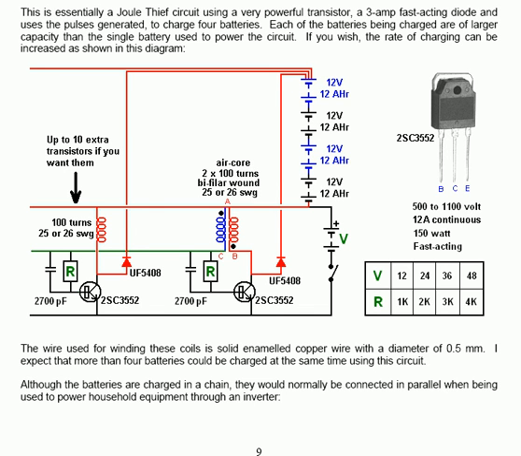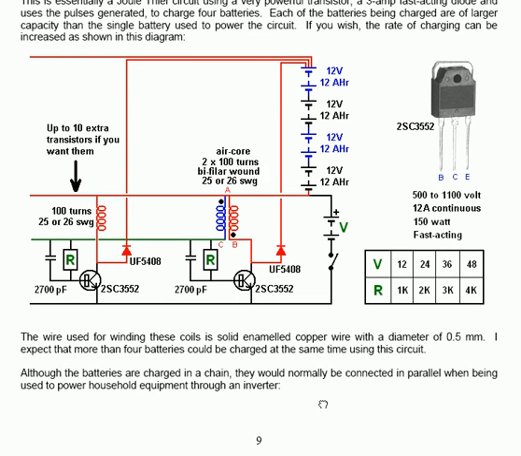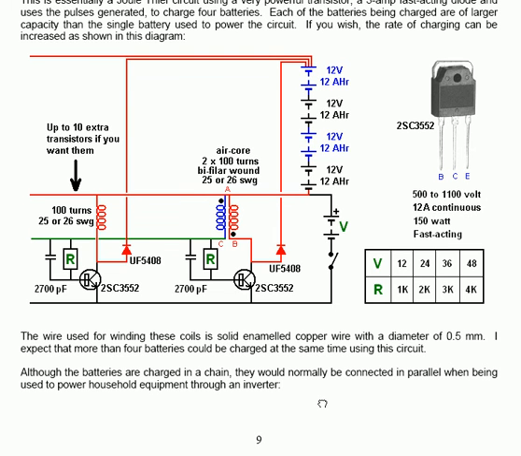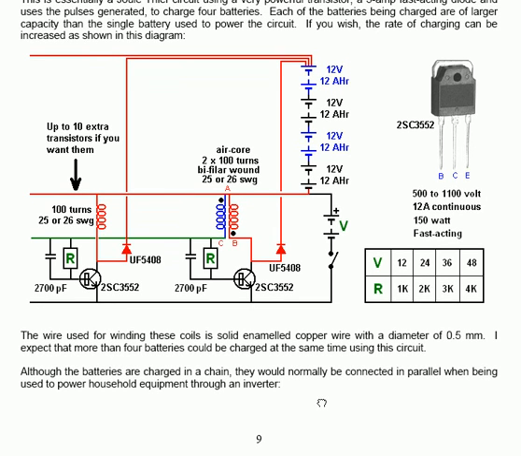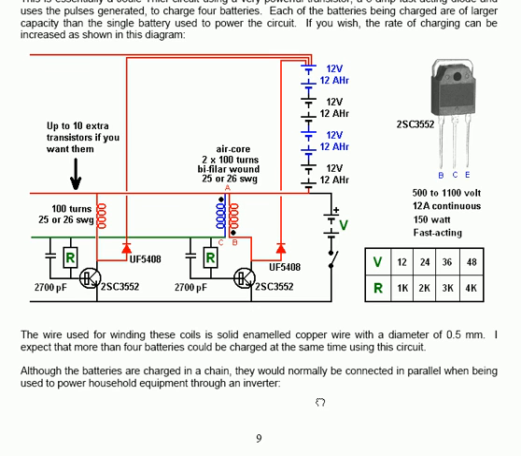I personally suspect that a lot more than 4 batteries could be charged at the same time using this circuit. Although the batteries are charged in a chain, they will normally be connected in parallel when being used to power household equipment. When you use them connected in parallel like this, the amount of current drawn by the inverter to power the household equipment, be it a television or a washing machine or whatever, is divided between the batteries.